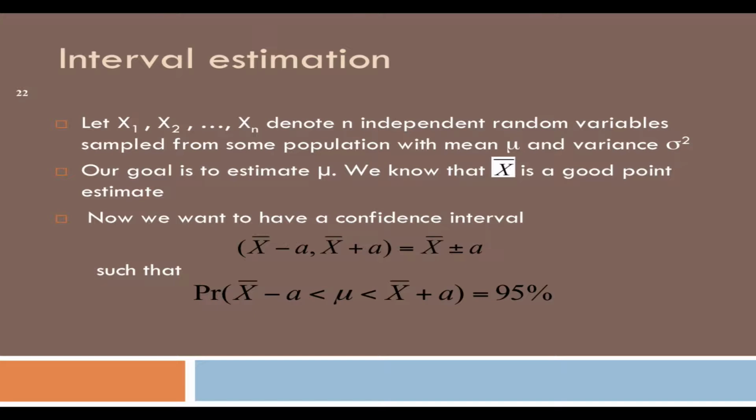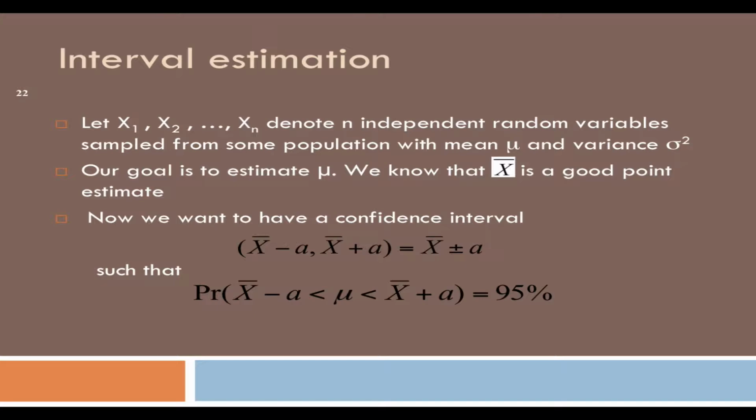So if x1 to xn denote independent random samples from the same population with mean mu and variance sigma square, our goal is to estimate the population mean, which is mu. We already know that x bar, the sample mean, is a good point estimate.